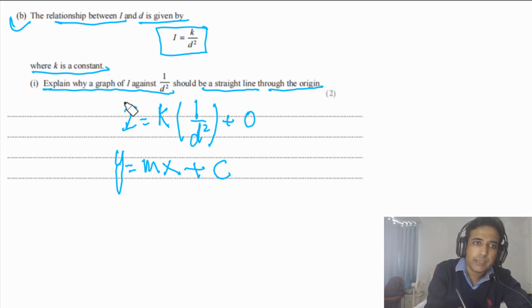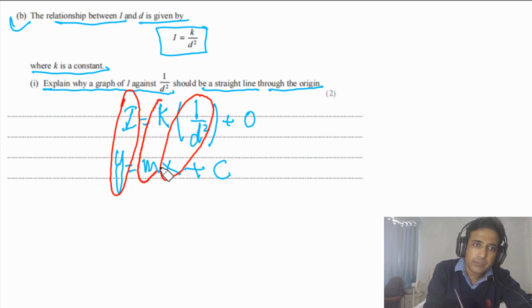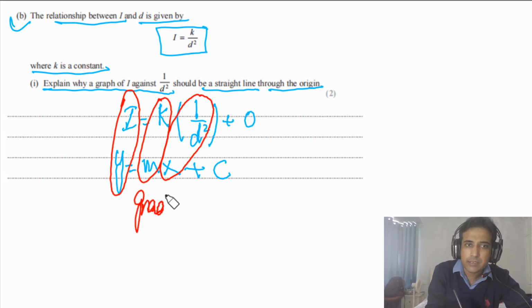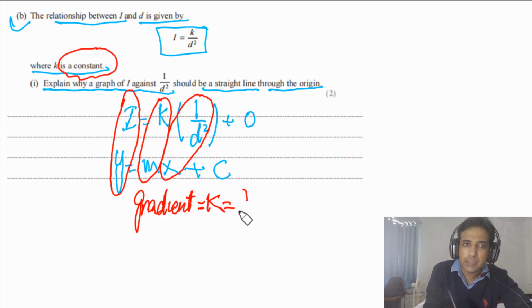In this case we have I on the y-axis, and on the x-axis we will have 1 over d squared, and the gradient in this case will be equal to k. So gradient is equal to k, and it is given to us that k is a constant.